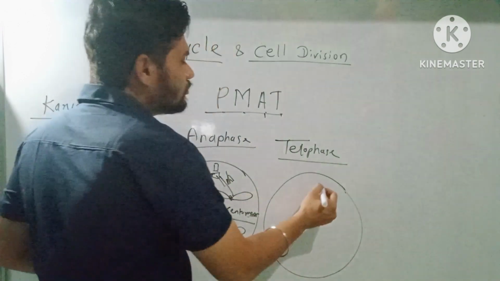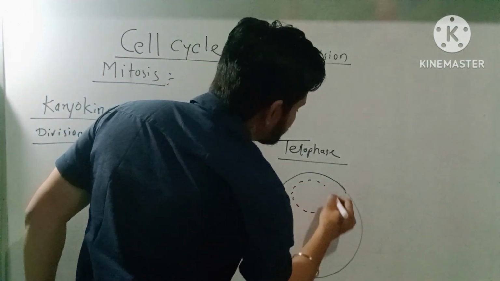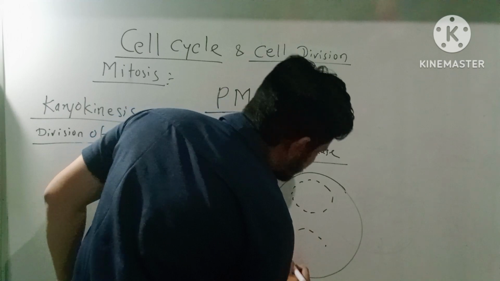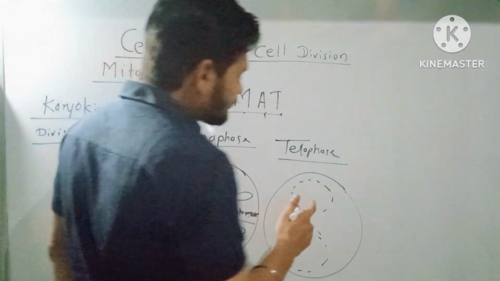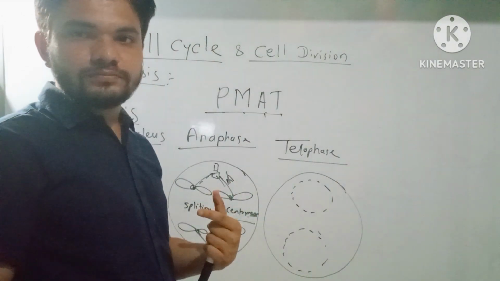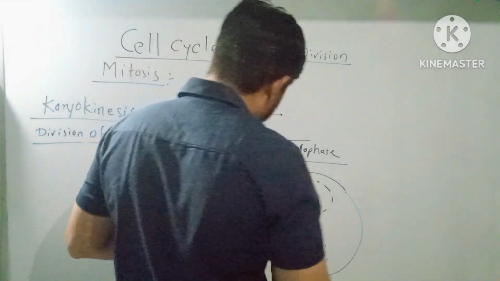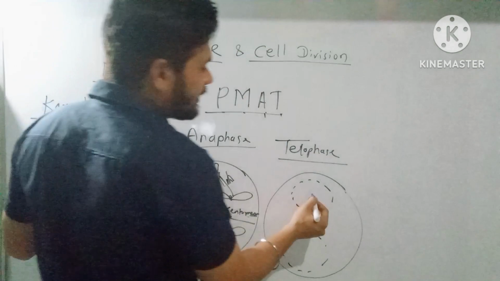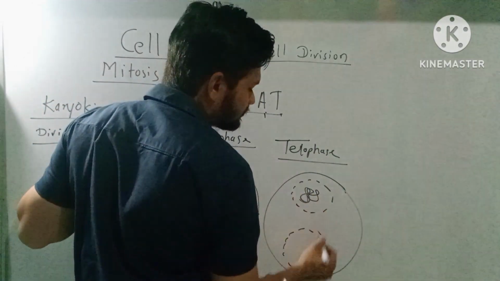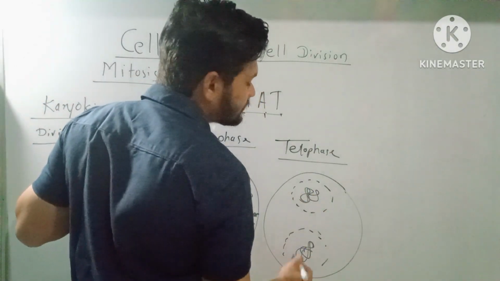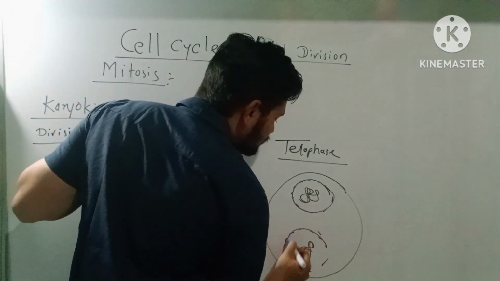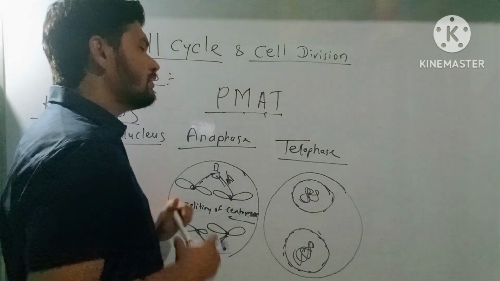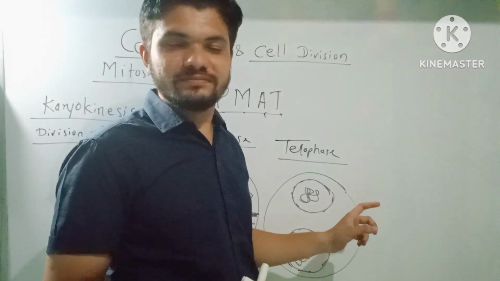Here, the two nuclear membranes will reappear. Then condensation of chromosomes reverses: these chromosomes will be decondensed to form chromatin like this. And at the end of the telophase, we will have the two nuclei.